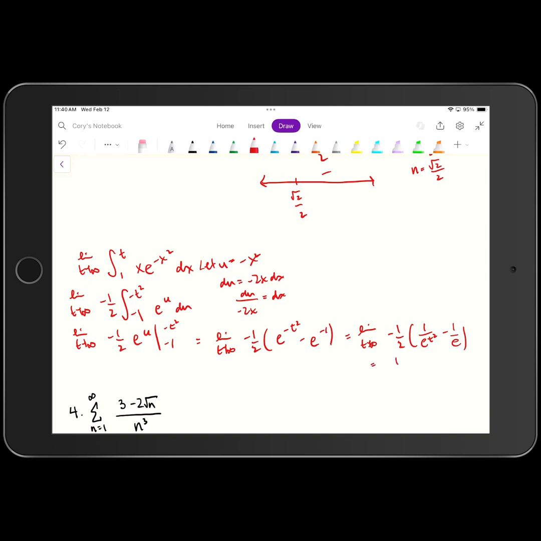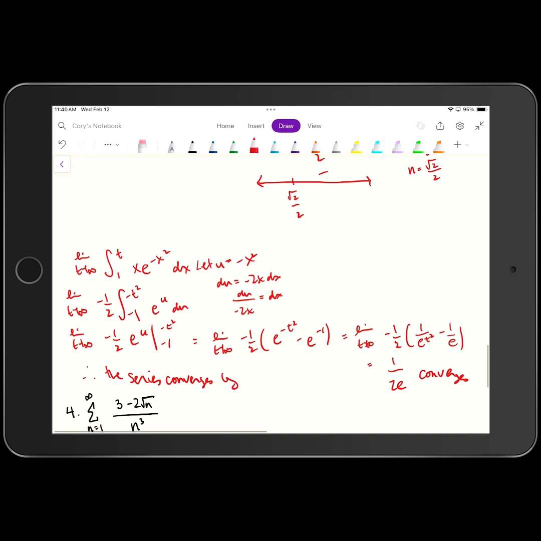So this winds up becoming 1 over 2e, which is a finite number, which means that the integral converges, and if the integral converges, the series converges by the integral test.